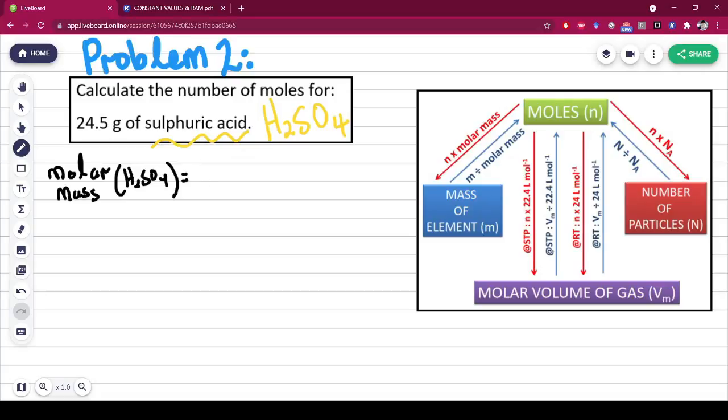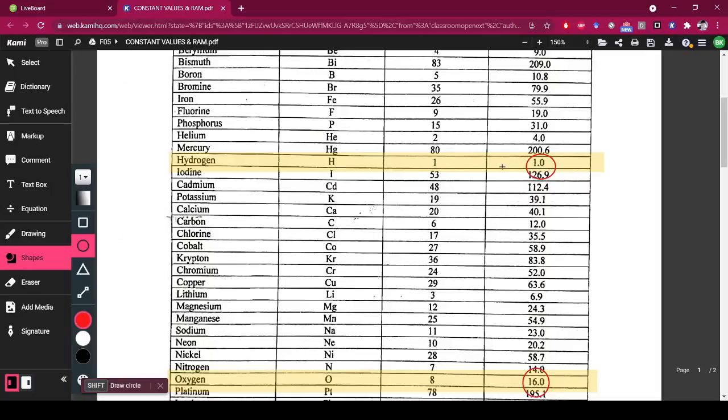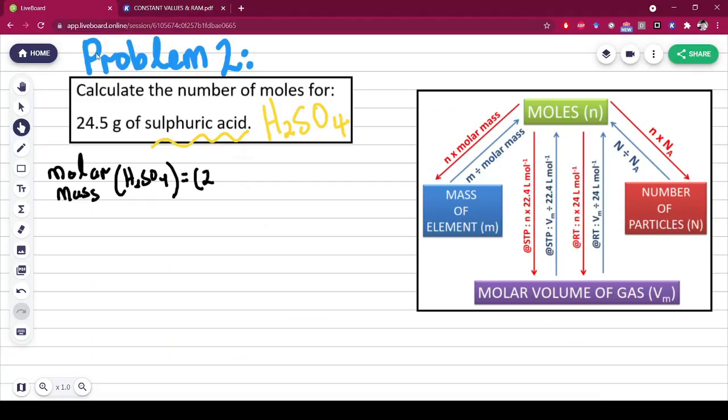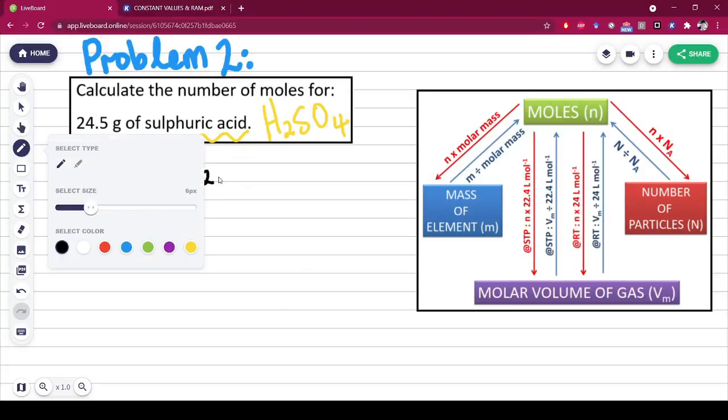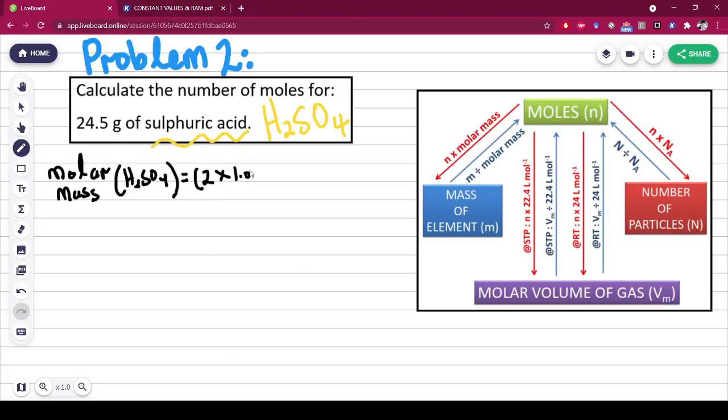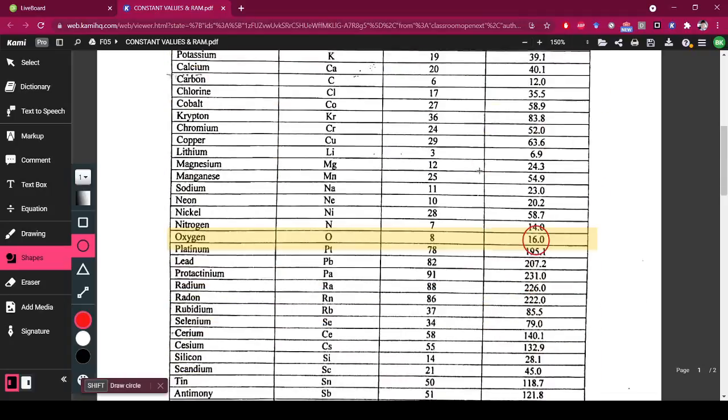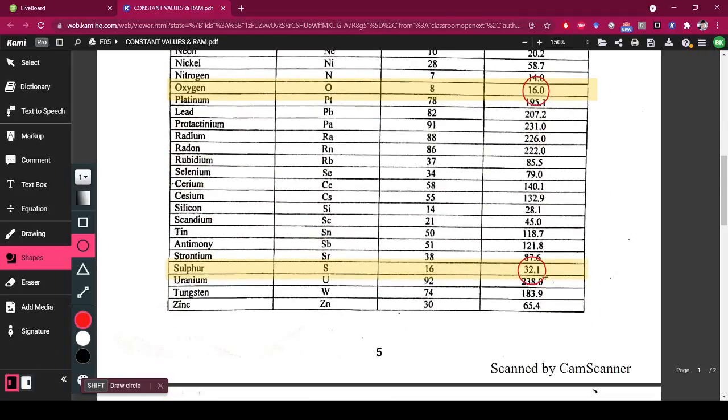So you'll get 2 because you have 2 hydrogen, and the relative atomic mass is 1, so times 1.0, plus, now we have 1 because you have only 1 sulfur. Okay, so sulfur, if you go look here, sulfur is 32.1 relative atomic mass.